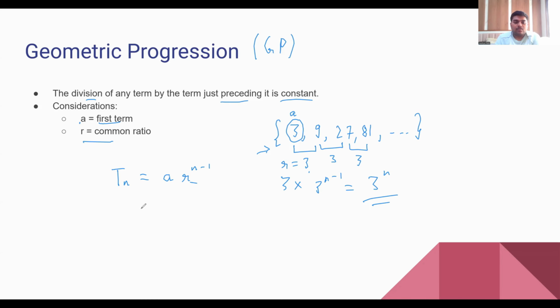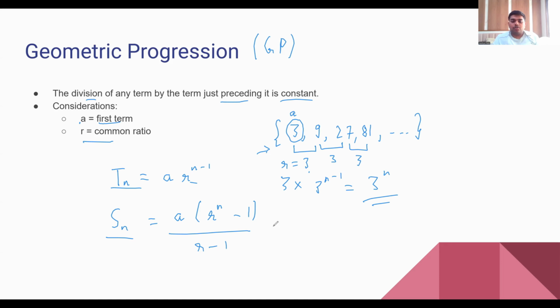And you can also comment on the Sn as a into r to the power n minus 1 upon r minus 1. So this is the formula of the sum of first n terms of a GP. And this is the nth term of the GP.